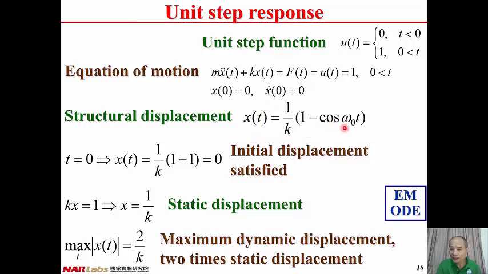If cosine omega 0t equal to minus 1, that means omega 0t equal to pi, then x(t) equal to 1 minus minus 1 equal to 2 divided by k. Therefore, this is the maximum dynamic displacement. From the maximum dynamic displacement and the static displacement, it's very easy to find that the maximum dynamic displacement is 2 times the static displacement.